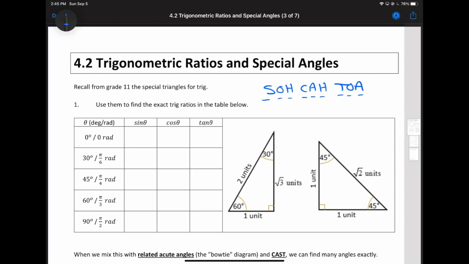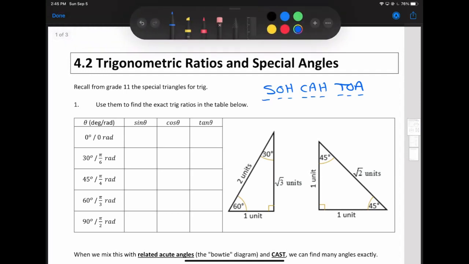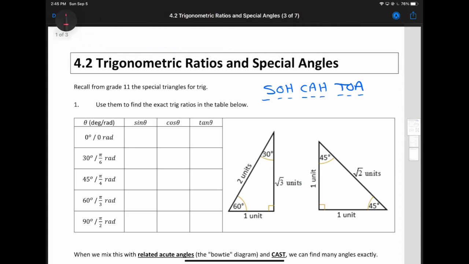So the two triangles we're going to use are in this diagram here. We have one that has a 30 degree and a 60 degree angle, and one that has two 45 degree angles. Both of them are right angle triangles. Now I'm just going to try and highlight a few things here. So on the 45 degree one, this one's pretty straightforward. We could just call each of the sides 1 unit long, and that's basically half a square.